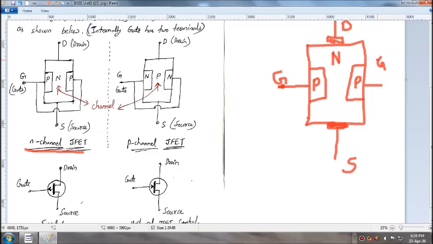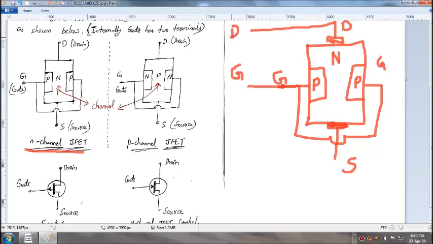So internally in a JFET there are four terminals, but externally we have only three terminals. Internally these two gate terminals are connected, and we get only one gate terminal at the output. So in conclusion, there are three terminals: the drain terminal, gate terminal and source terminal.